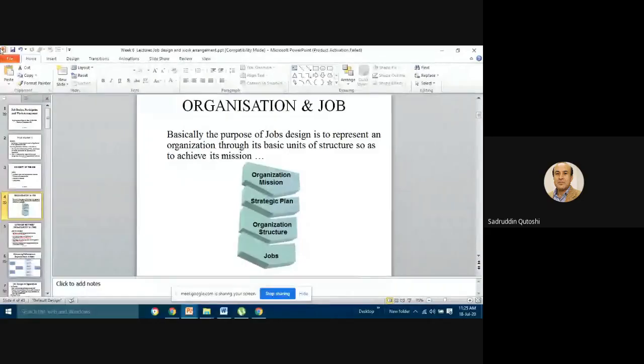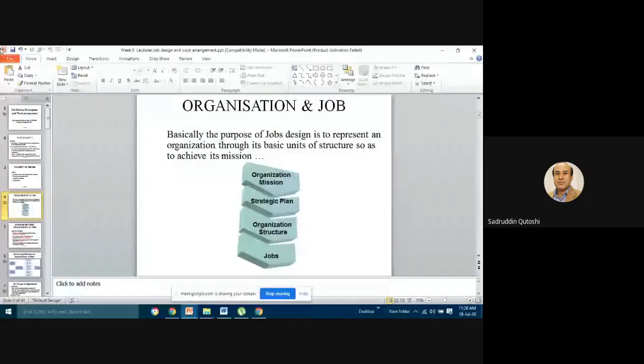So from CEO to gatekeeper, there are a number of different jobs. All those jobs represent that organization, and if you look at that particular nature of jobs from top to bottom or bottom to top, you can see what kind of organization this is and what will be its mission.